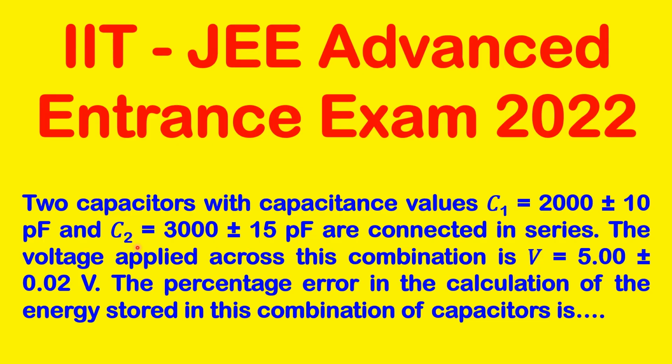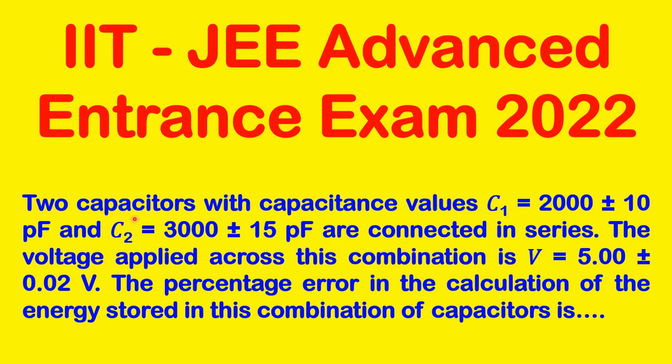Capacitors can be in either parallel combination or series combination. Here they are put in the series combination, and across this combination the voltage applied is 5 and the error range in the voltage is 0.02 volt.